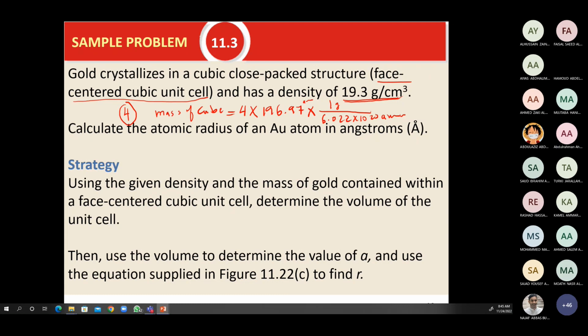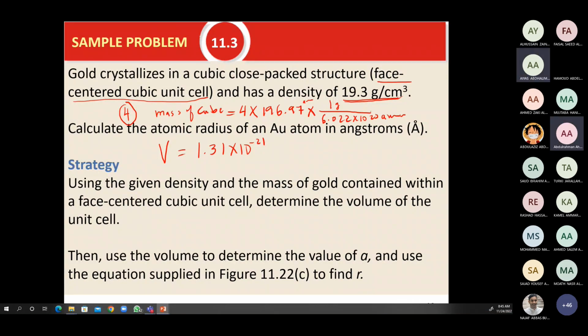Done? What's the volume? 1.31 times 10 to the power minus 21. Oh, sorry, this is the mass.